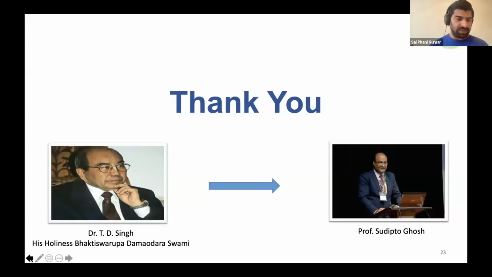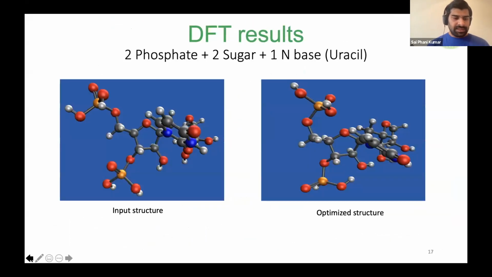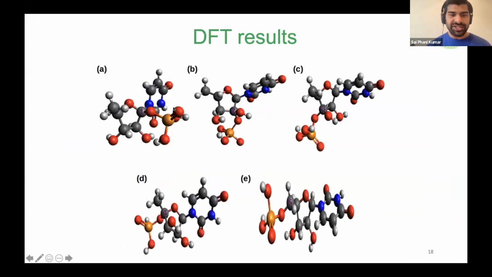Yes, sir. Let me share my screen again. If you see these interactions, at the prime one, there are two molecules interacting: one is the oxygen of the phosphate group, and the second is the nitrogen of the nucleobase.